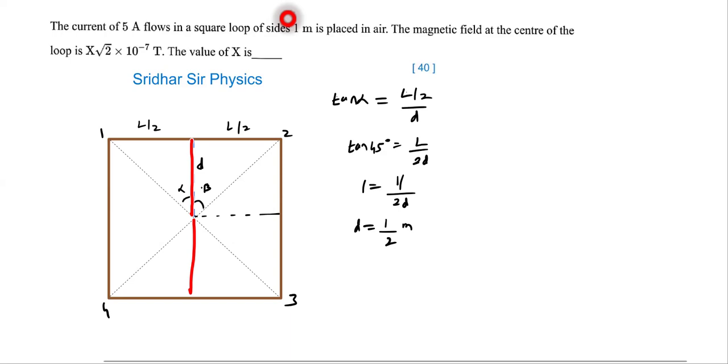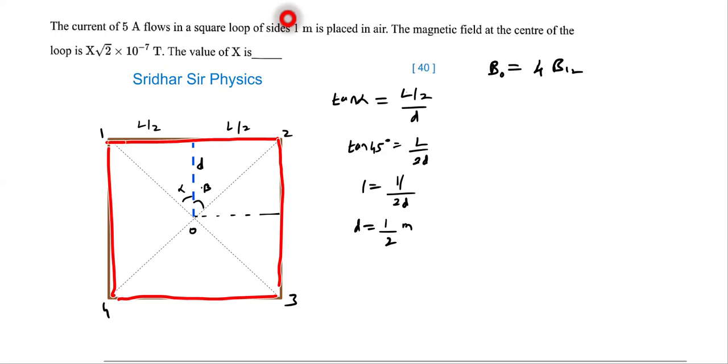Since it is a rectangular shape, you have to think like this. OK, fine. So what is the formula? The net magnetic field at point O will be 4 times B12. The field this particular wire produces, the same field will be produced by this wire and this wire.